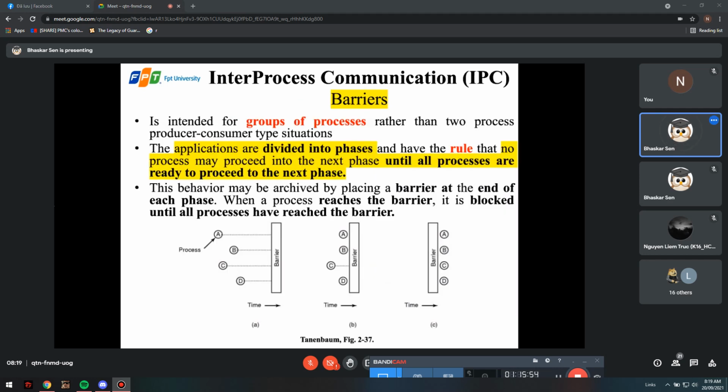Then finally, we have barriers. What is a barrier?